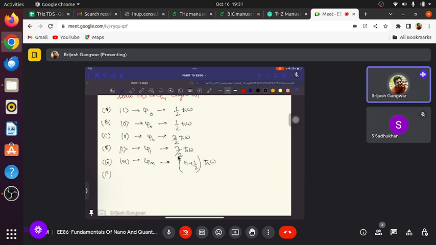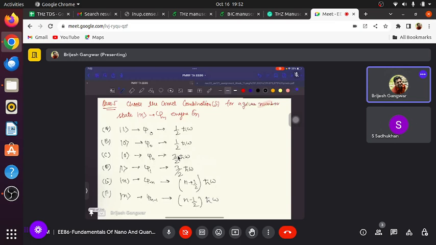And F option is n psi n minus 1, n minus 2 h cross omega. So which one is the correct combination?